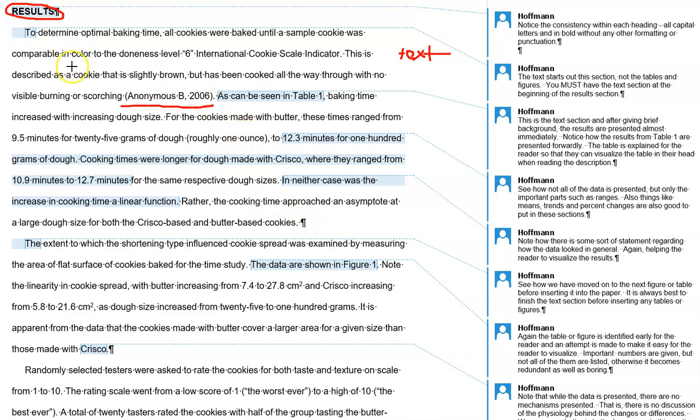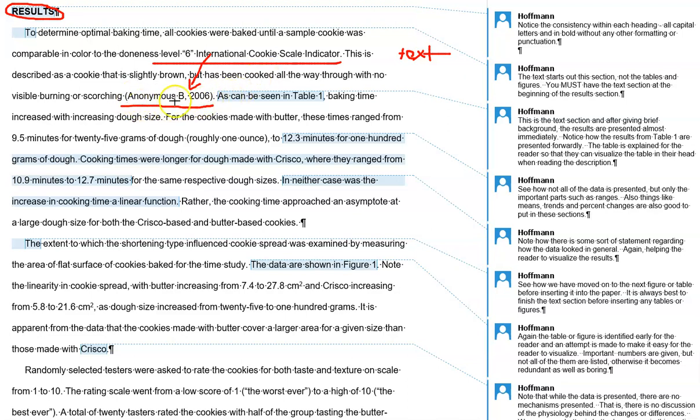So we start out here and we talk about what we did, and say, okay, what's the comparable color to doneness in the level 6 International Cookie Scale Indicator, and then it tells who came up with that. Since we didn't have an author's name here, based on this example of a reference, then we put anonymous.